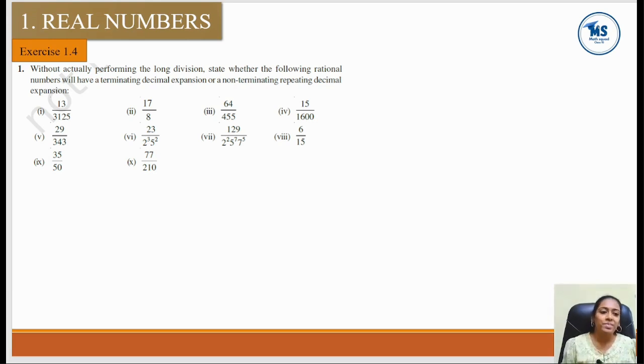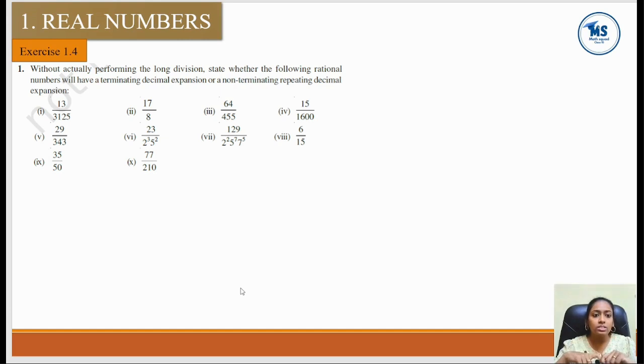Okay, so now the question is, without actually performing the long division, state whether the following rational numbers will have a terminating decimal expansion or a non-terminating repeating decimal expansion. So we should not perform the long division.